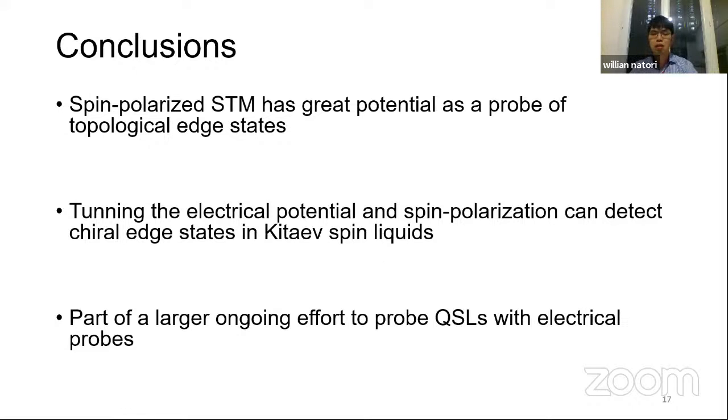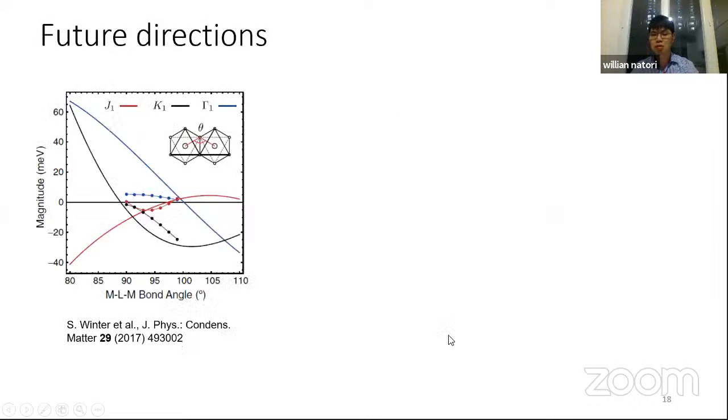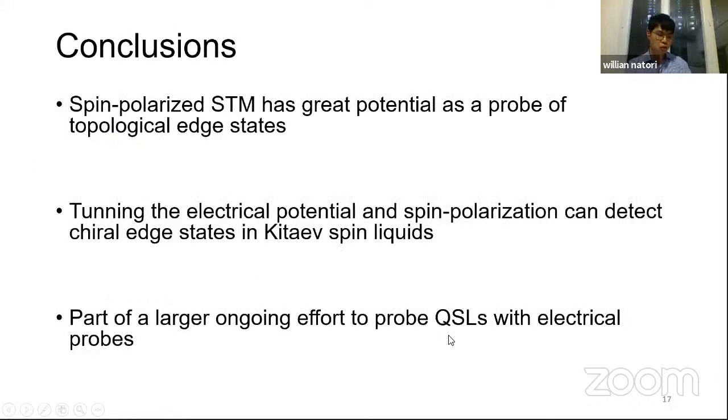And this is actually part of a larger ongoing effort to probe quantum spin liquids with electrical probes. So we're all hoping that there will be experimentalists trying to do something more concrete with these theories we're developing right now.